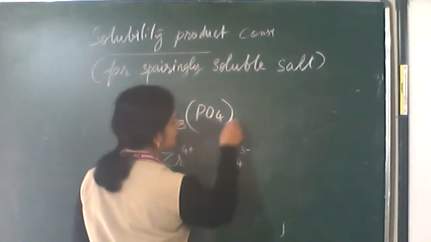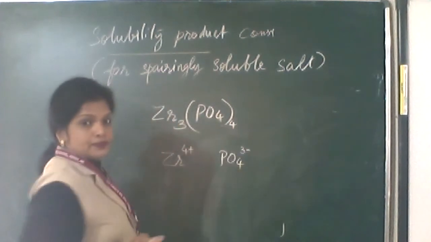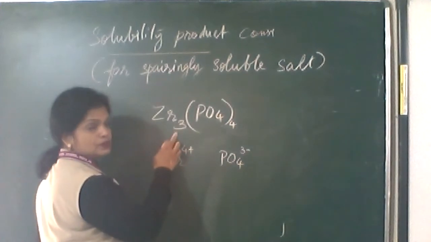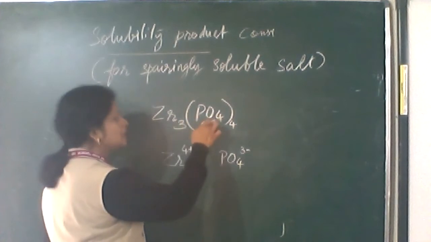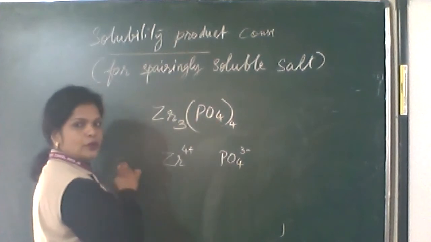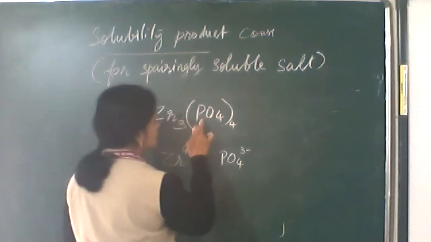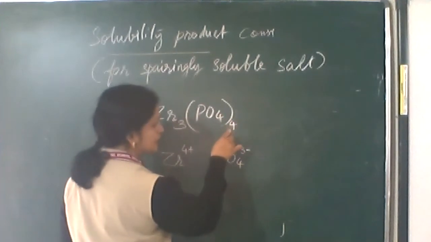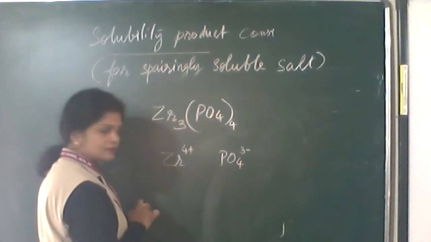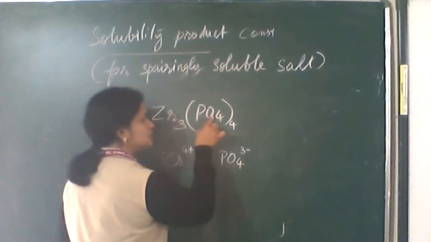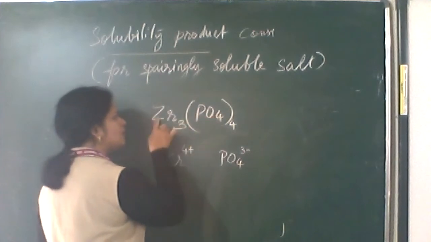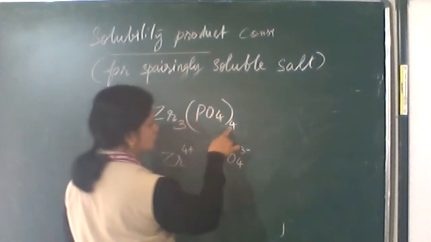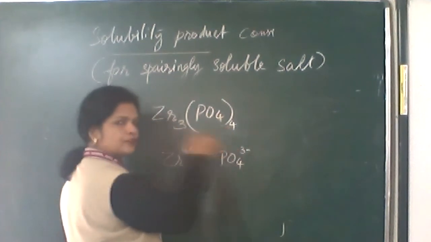How many Zr4+? Three. This is the valency of PO4, and at the same time it is the number of zirconium ions. This is the valency of zirconium, and at the same time it is the number of phosphate ions.